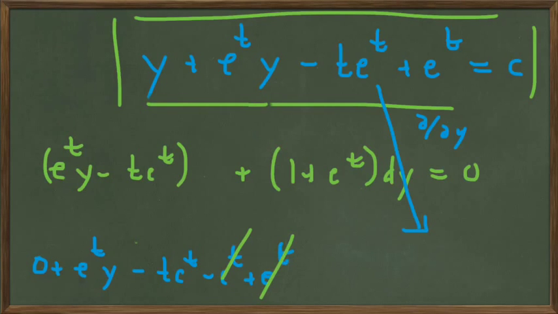And so the partial of the y with respect to y is 1. The partial of the next term with respect to y is just the constant for e to the t, and then the partial of the last two terms with respect to y is just 0, and so we did get this.